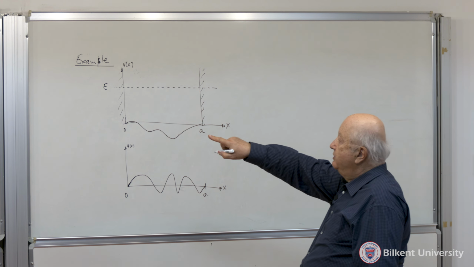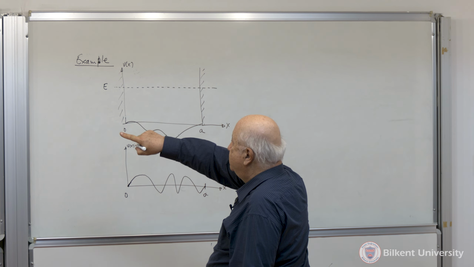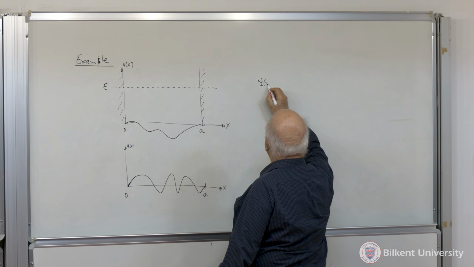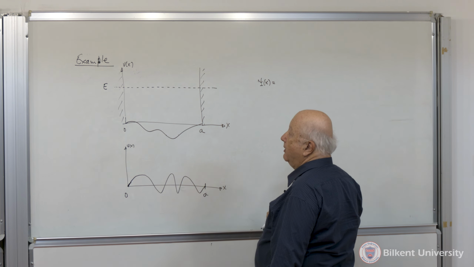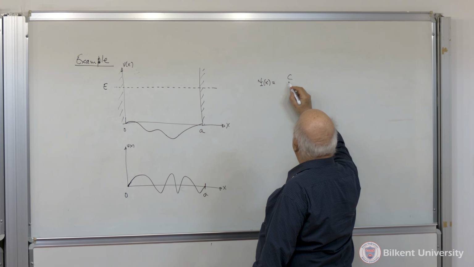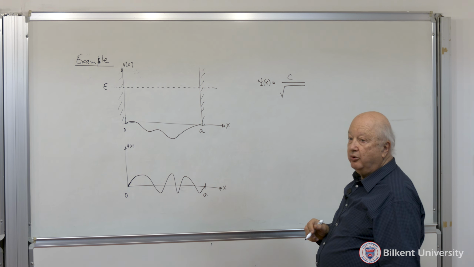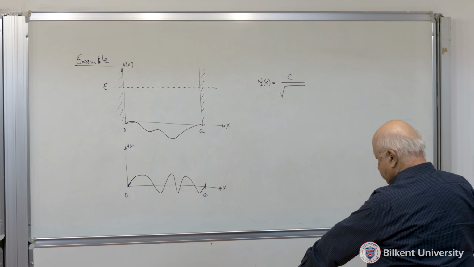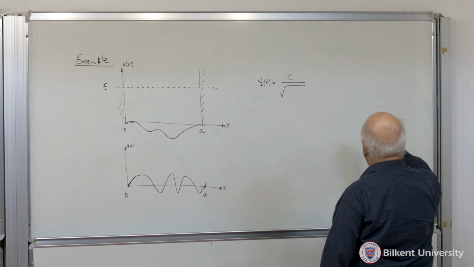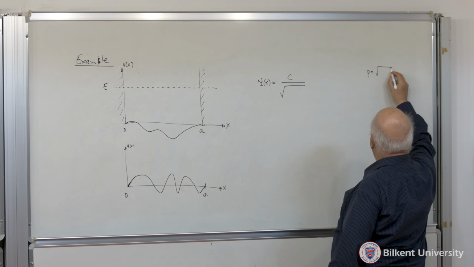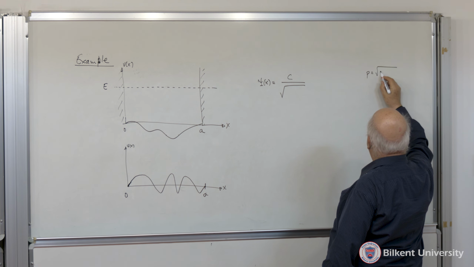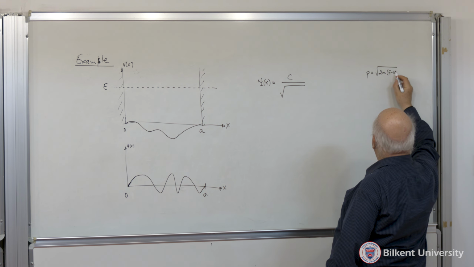Now, what is my psi of x? Well, my psi of x is going to look like C over square root of P. What is square root of P? Well, P itself is equal to square root of 2m(E minus V), right?